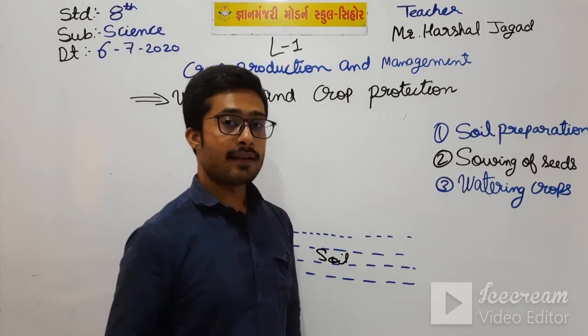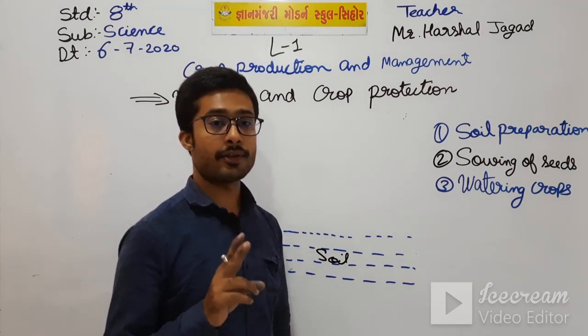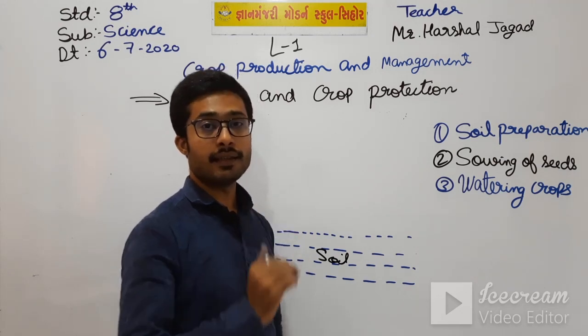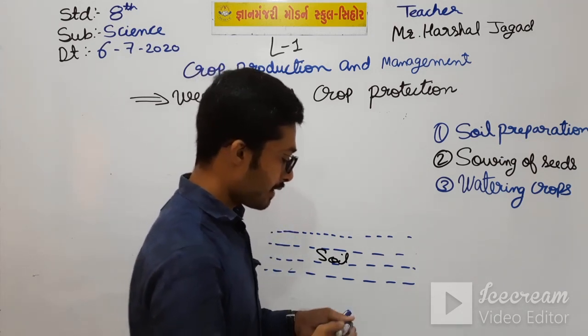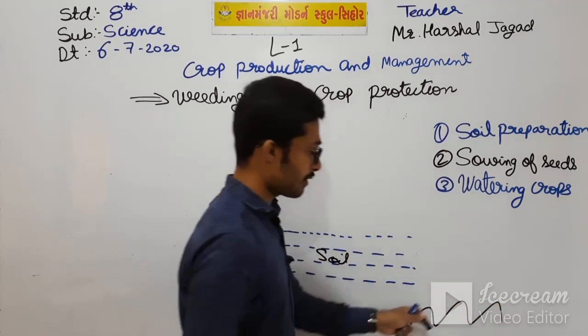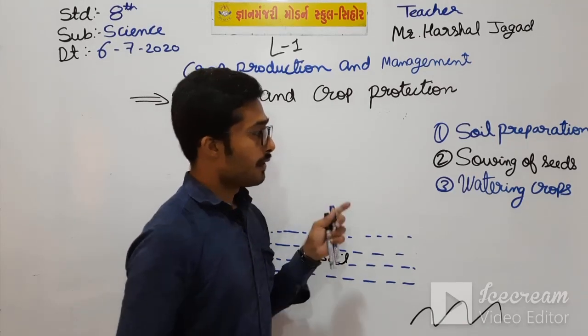Where was sprinkler irrigation used? It was used in sandy soil or in uneven land. Uneven land means land which is not level.